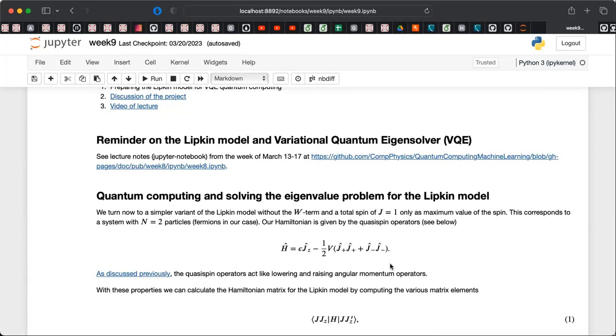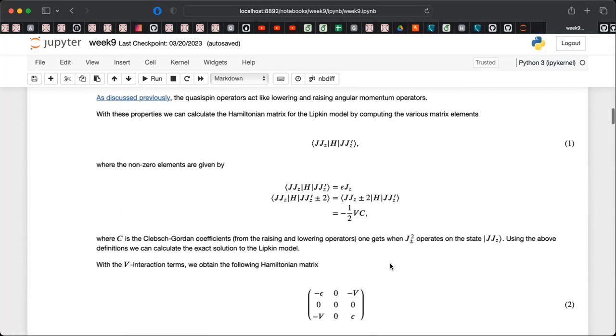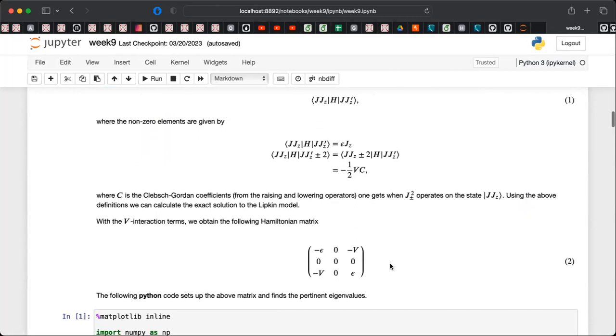And if you go down the slides from last week and the week before, we saw how we could set up this problem for a case with a total angular momentum or total spin equal to 1, or total spin equal to 2. And these are the two cases which we will look at in the project here.